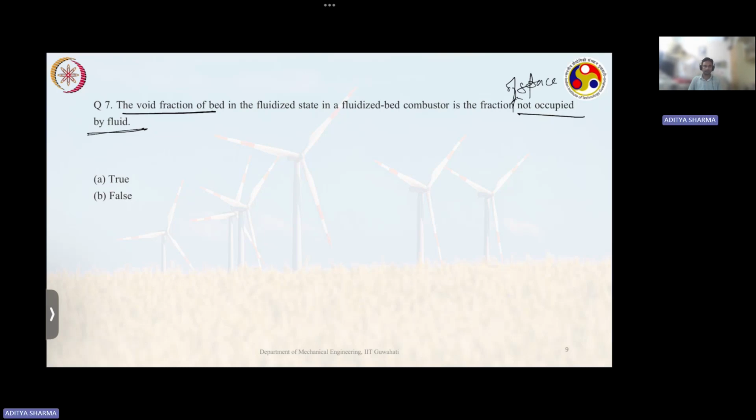In that case, this is a false statement, because it should have been the fraction occupied by the fluid, or not occupied by solids.